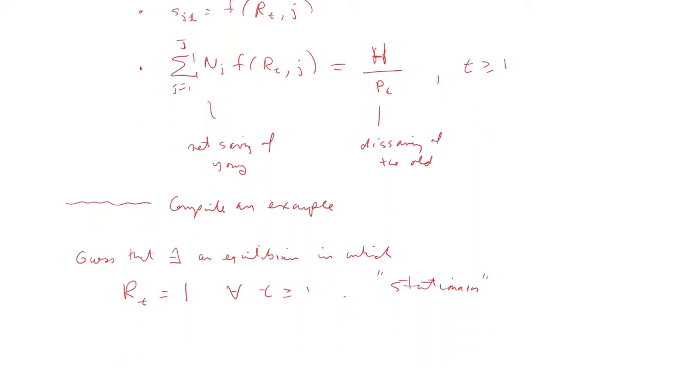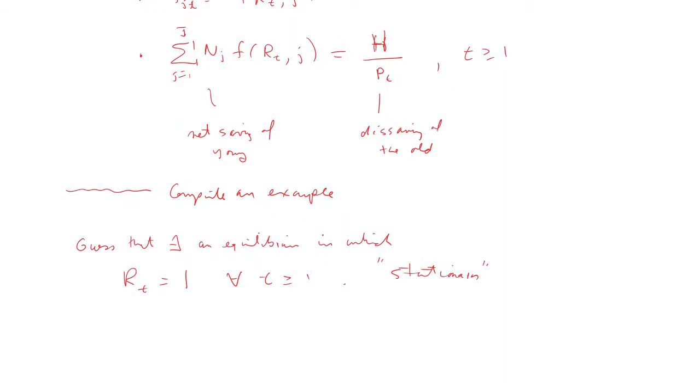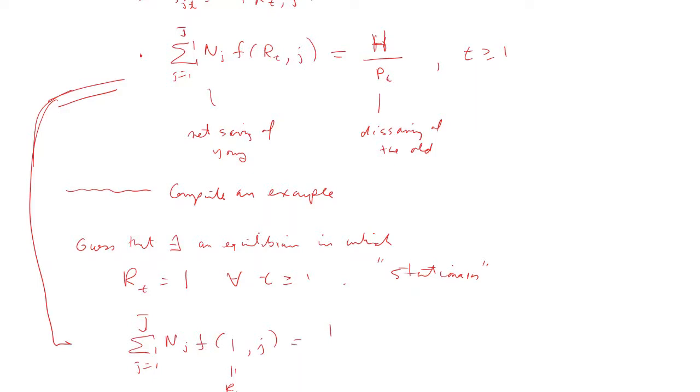And then, so what am I going to have to solve? The equilibrium condition is just going to become a version of this. I just have to import this down here. So I write this down, summation j equals 1 through J, nj, and f of 1, that's my RT, is equal to H, and now this is just going to be a P. So pt is equal to p for all t.